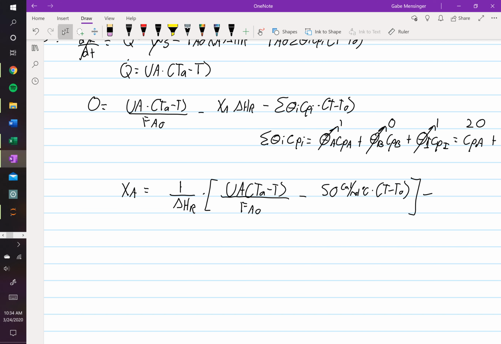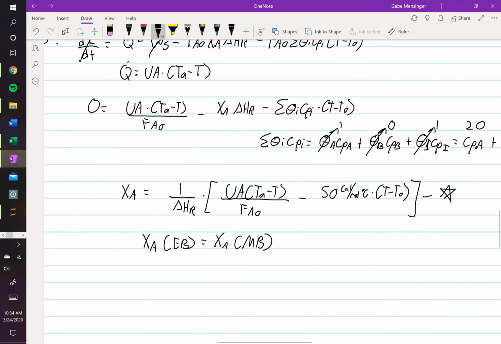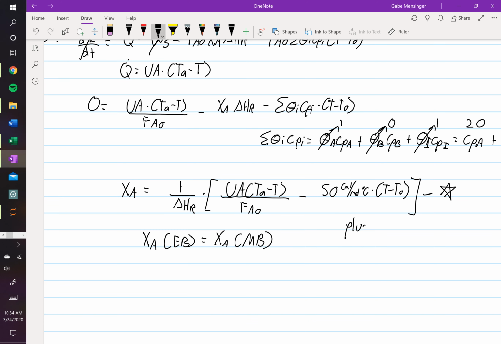At steady state, the X_A of the energy balance needs to be equal to the X_A of the mass balance. So, keeping that in mind, we can take this function that we just solved for and plug it into the mass balance, into this guy here: X_A equals tau k times (1 minus X_A).